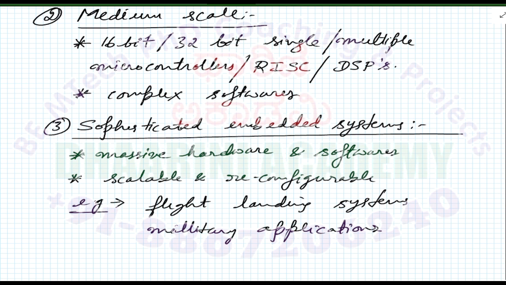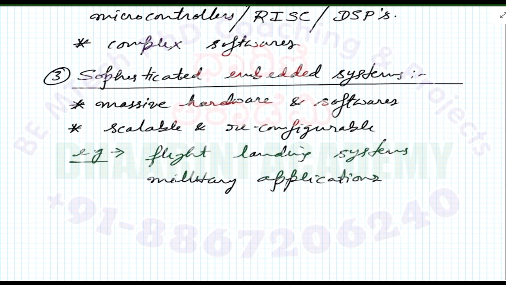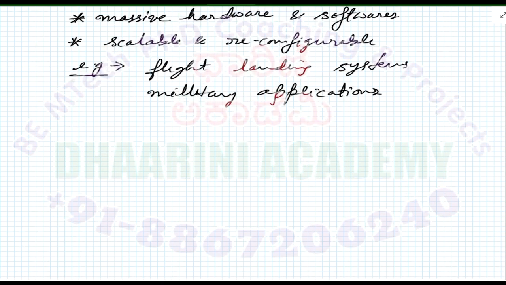Okay, so based on the capability, we are able to divide or classify the embedded system into these three classes. Next, we are going to see the major application areas of embedded systems.